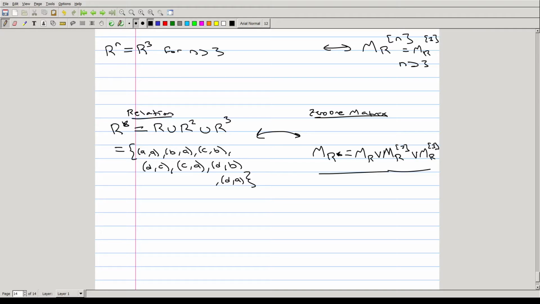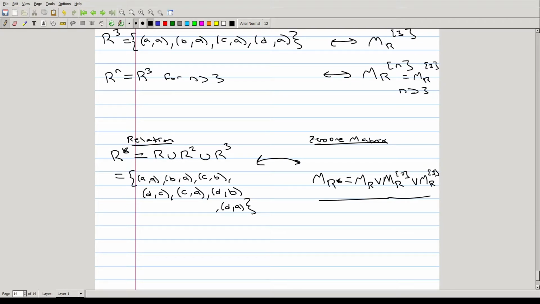The relation is transitive if and only if the nth power of the relation is a subset of the relation itself for all values of n. So in general, we have to check all values of n and take the union of all values of n, in some sense all powers of R, in order to ensure transitivity.